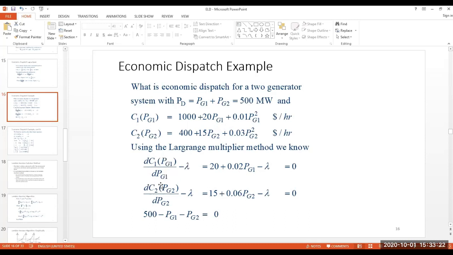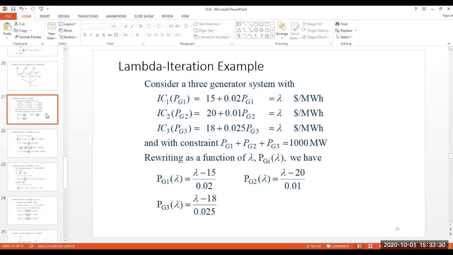So we have already learned this condition that we have to satisfy, right? That's why we are directly using it for solving this problem. It is nothing new. At the optimal point, your incremental cost for all these generators should be equal, and equal to the Lagrangian variable lambda.